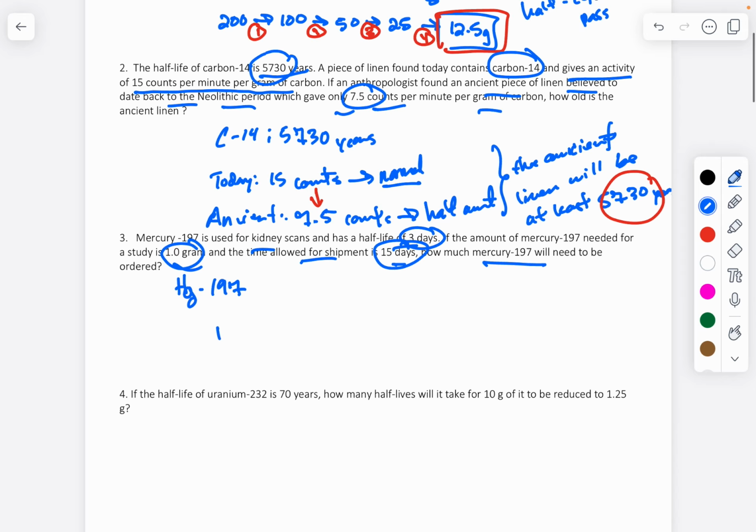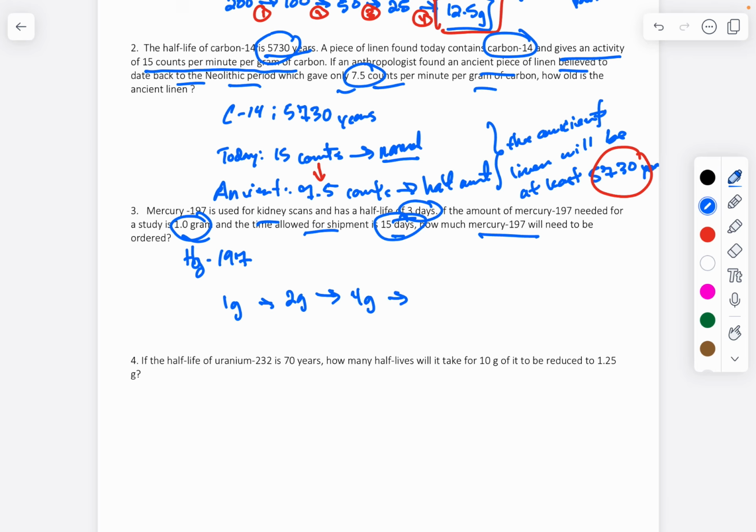So in this problem, you kind of go backwards, right? You start with 1 gram. So after 1 cycle, it would be 2 grams. Let's just write G. So that's 1, 2, and now 4. It's going to be 15 days divided by 3 days, so you need at least 5 half-life cycles.